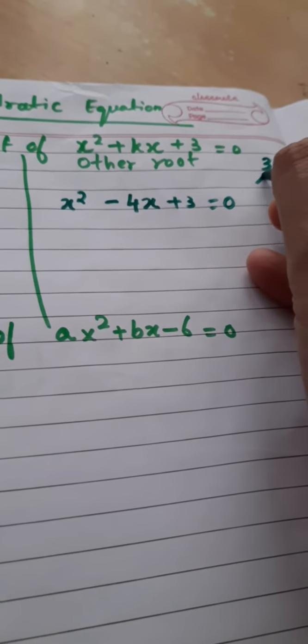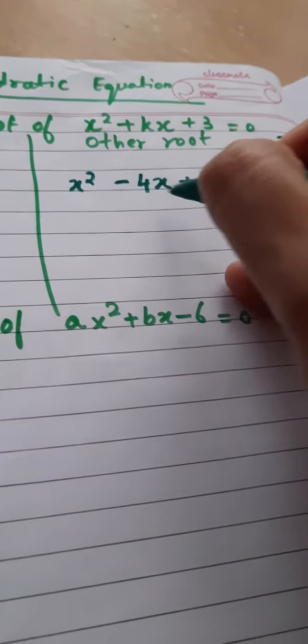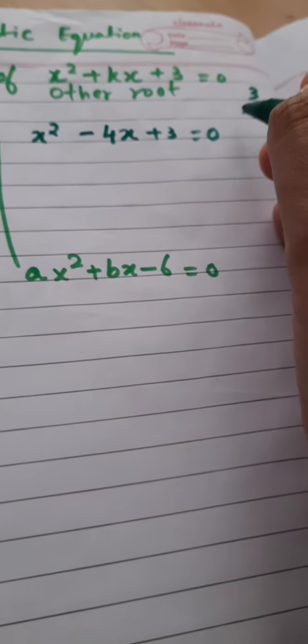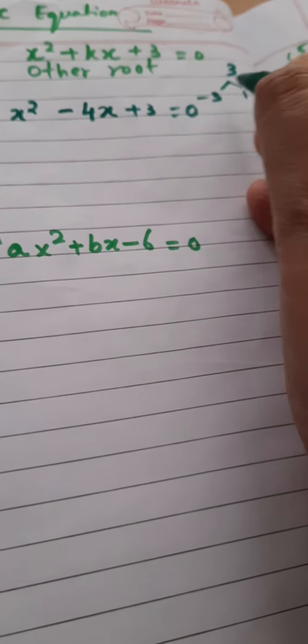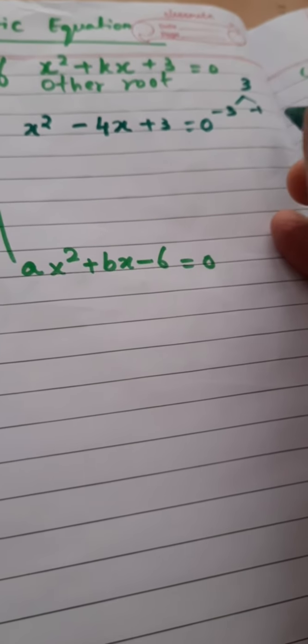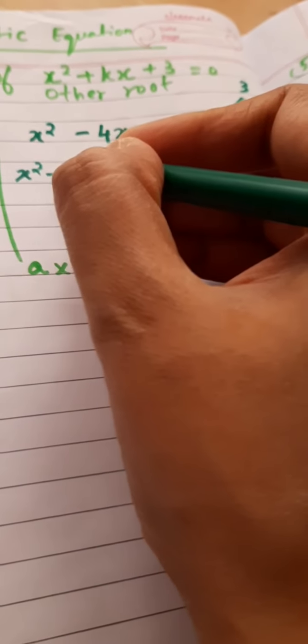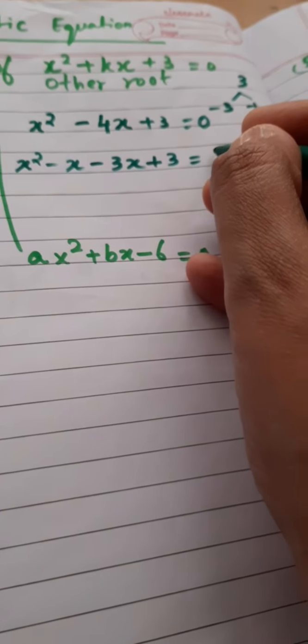Since we need to get minus 4, 3 into 1 is 3, but we need minus 4 when we add. So it's minus 3 plus minus 1 is minus 4. So x square minus x minus 3x plus 3 equal to 0.